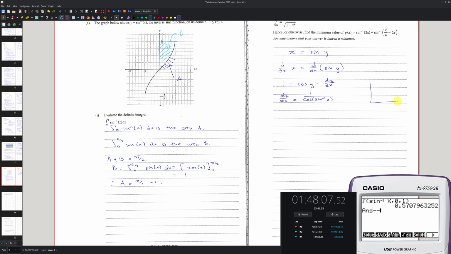But then you draw your triangle. So you got x, and then you got sine of x, and then that's 1 minus sine squared of x, right? So wait, no. This is x. This is x. This is root 1 minus x squared, which is equal to cos of inverse sine of x. So this is just 1 over root 1 minus x squared as required.